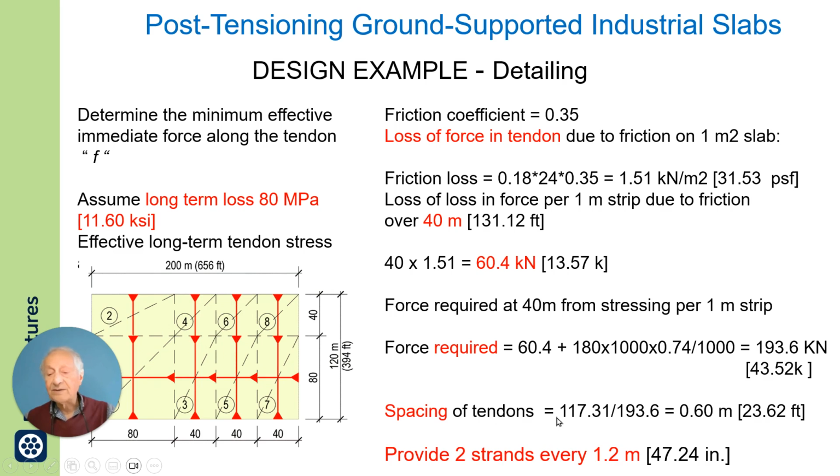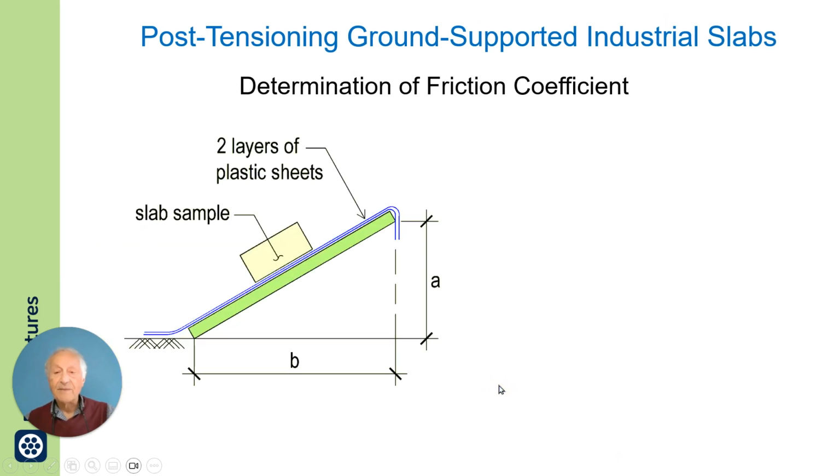And if each tendon gives me this much force, and this is as much as I need, so the spacing of tendons should be this much. So I put 2 strands every such spacing. Now, finally, that brings me to the conclusion as far as design example is concerned, because the objective of the design example was to find out how many strands I need at what spacing.